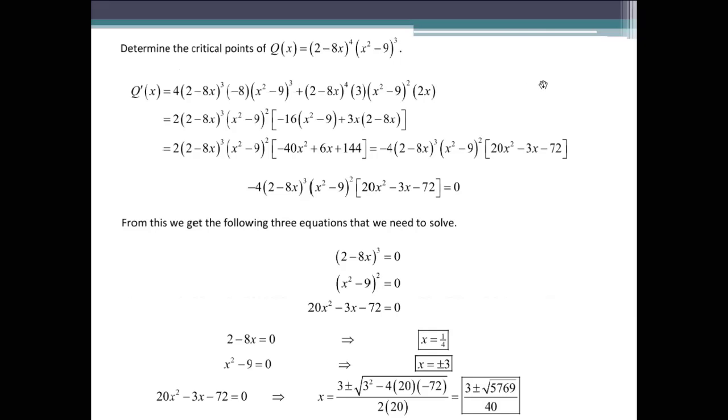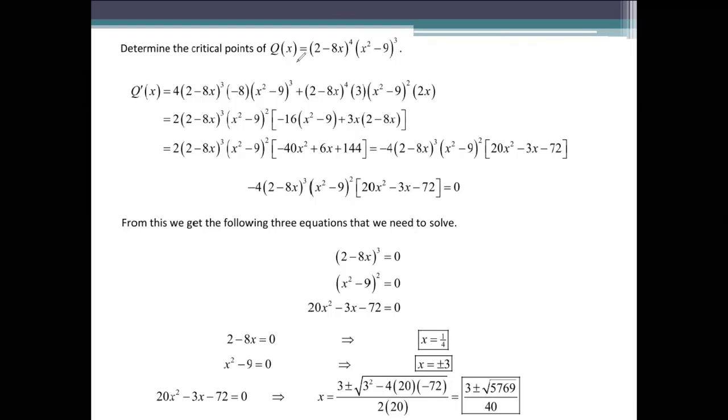Okay, the next example. So determine the critical points of the following function, q of x. This is, again, a polynomial function, and when we compute the derivative of this function, here we have a composite function and the product of two functions.